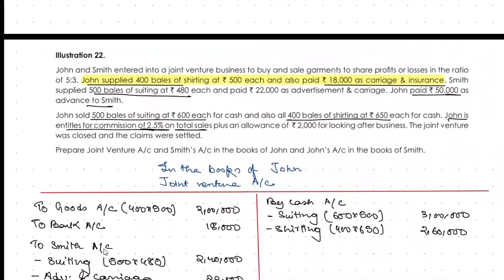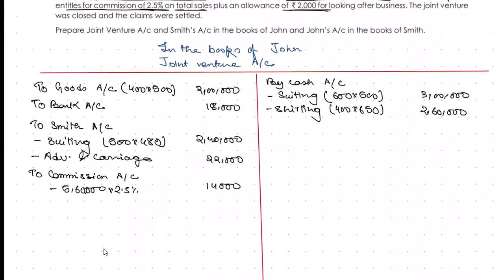Plus he is also entitled to an allowance of 2,000, to allowance account, 2,000. Is anything more left?